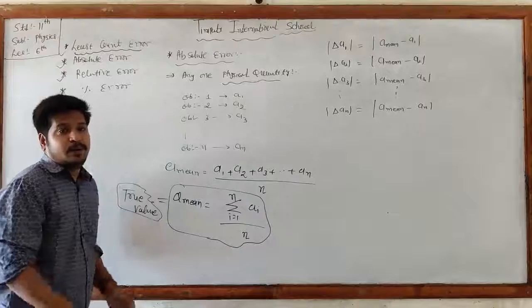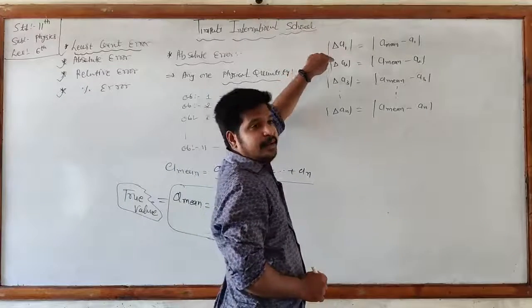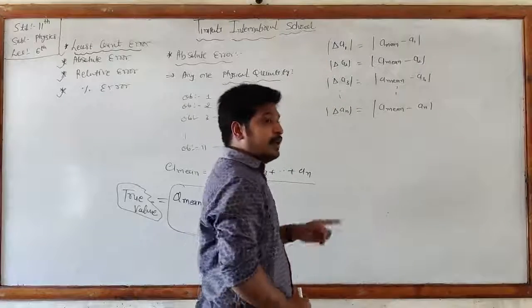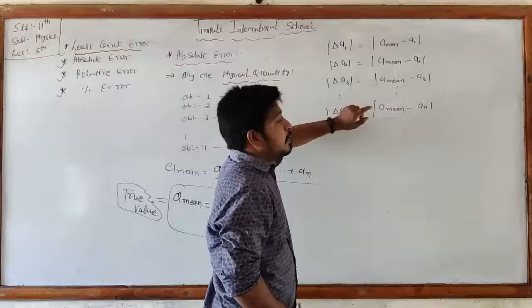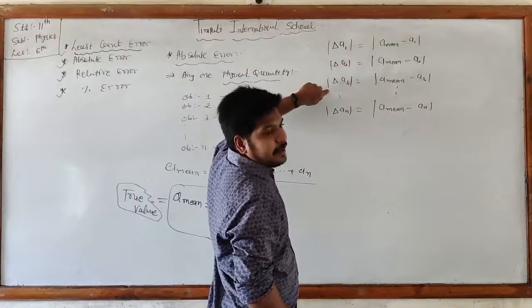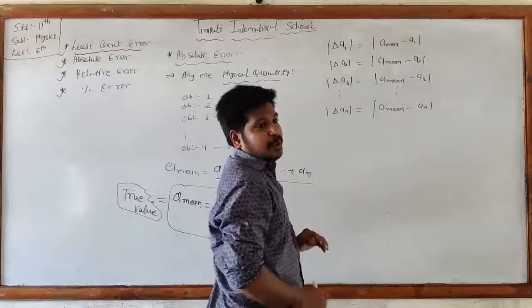Now you have delta A1, delta A2, delta A3, and delta An. Now we have to find the mean of these absolute errors.